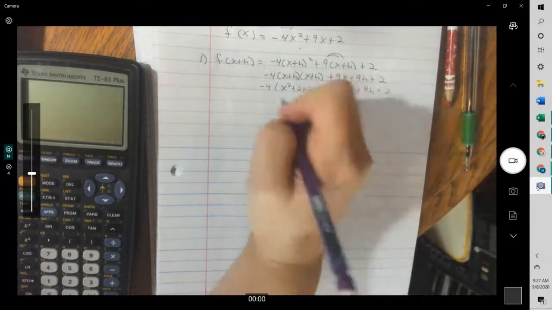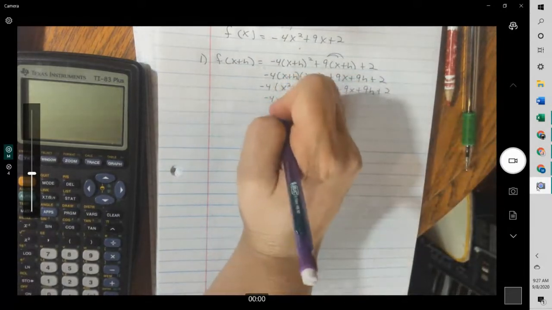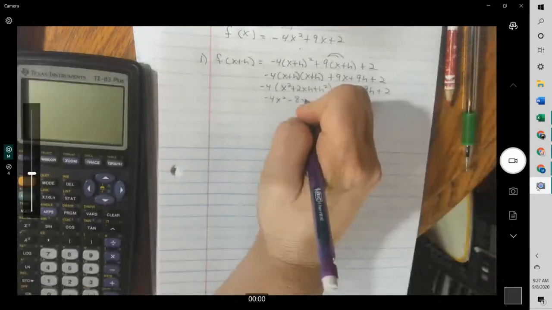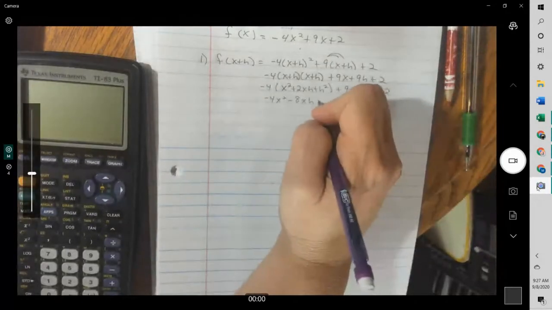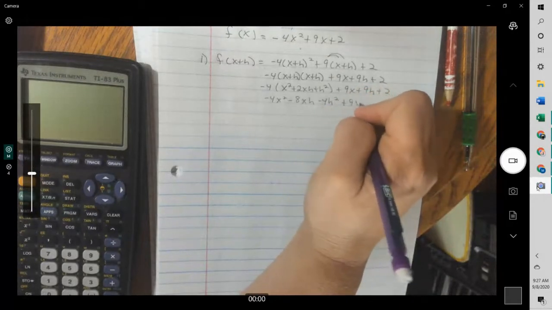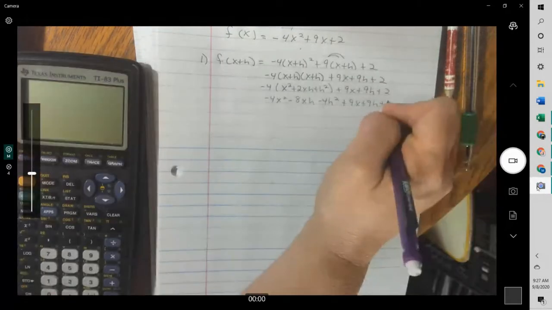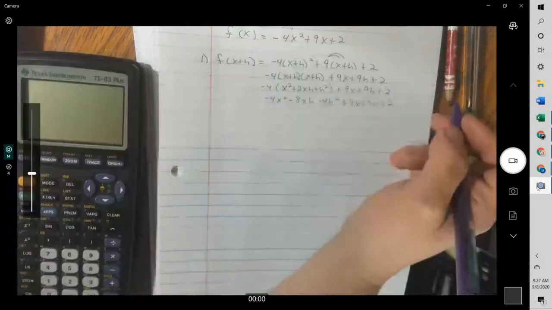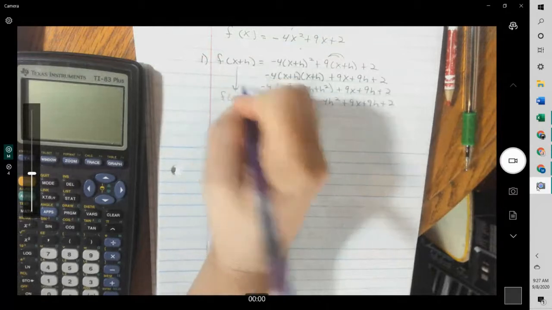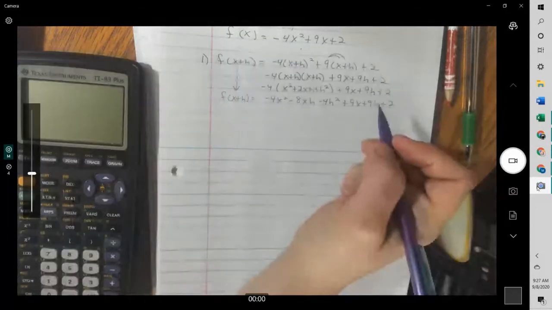And then distribute the 4. Negative 4x squared minus 8xh minus 4h squared plus 9x plus 9h plus 2, and we have no like terms. So that's f of x plus h.